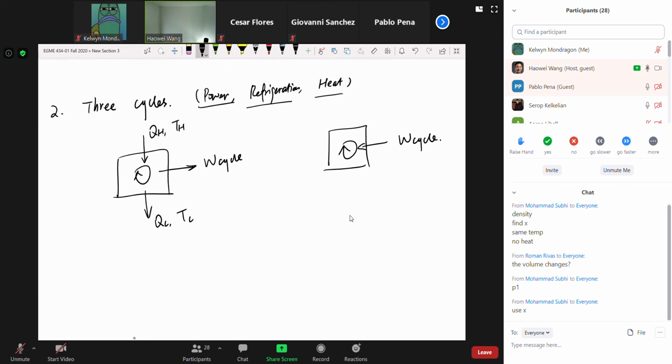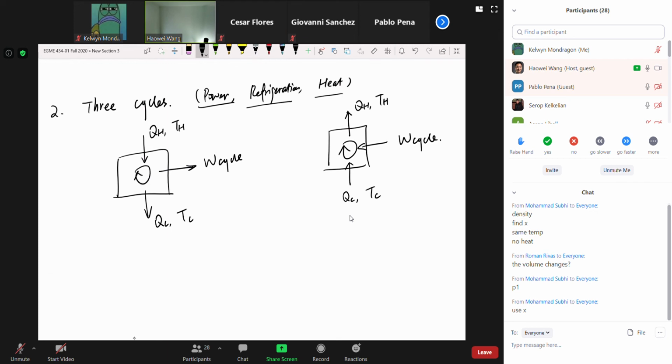So what the refrigerator does is to move heat from the cold inside to the warm outside. So what it does is grab heat from the low temperature, which is the inside of the refrigerator, and then release the heat to the high temperature, which is the outside.